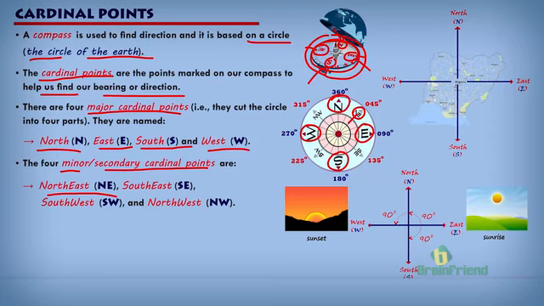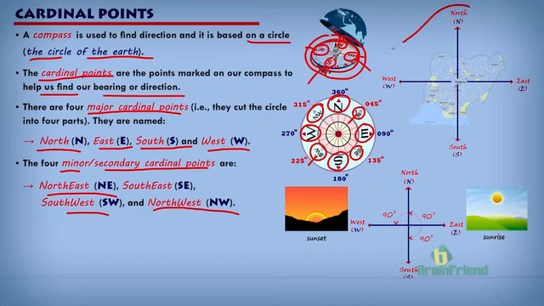Also, we have the southeast, which is located between the southern part of our compass and the eastern part. Next, we have the southwest, which stands in between the south and the west. And finally, we have the northwest. So these are all the primary or major cardinal points along with the secondary or minor cardinal points.